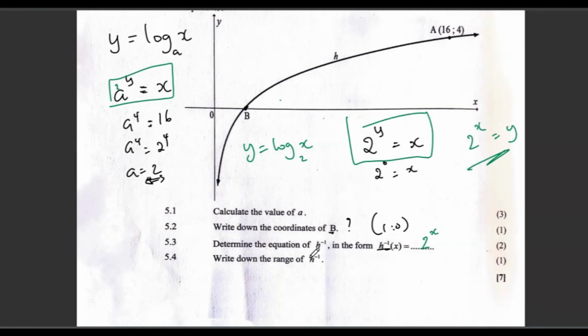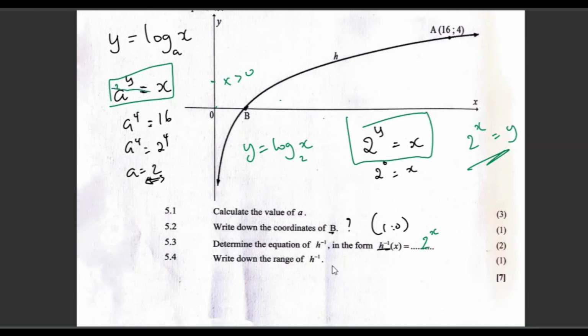Then write down the range of the inverse. When we talk about range, the domain of this original function is that x is greater than 0. Now, if we are to draw our inverse, because the 1, 0 is going to be 0, 1 somewhere here, the 16, 4 is going to be 4, 16.